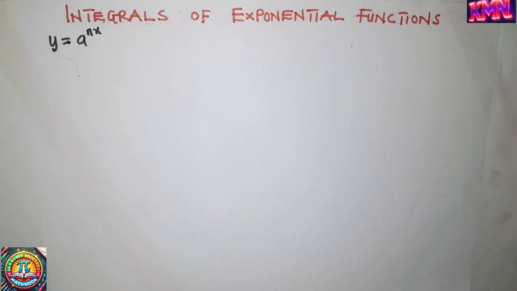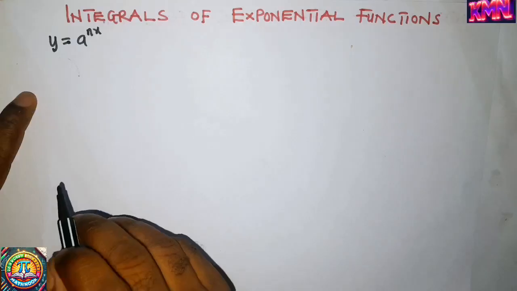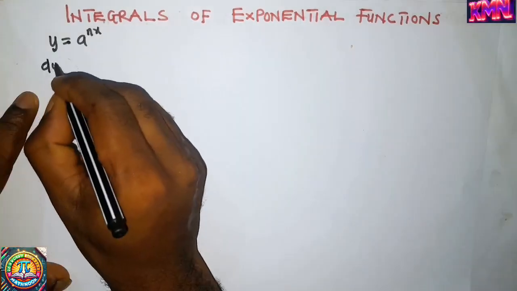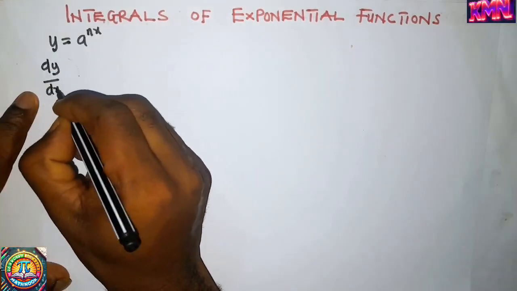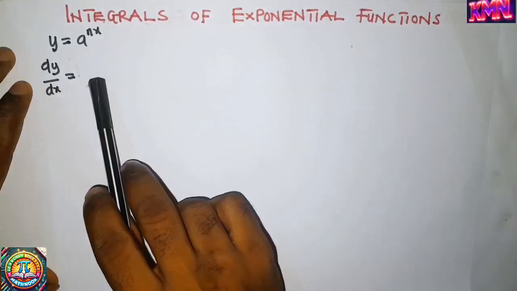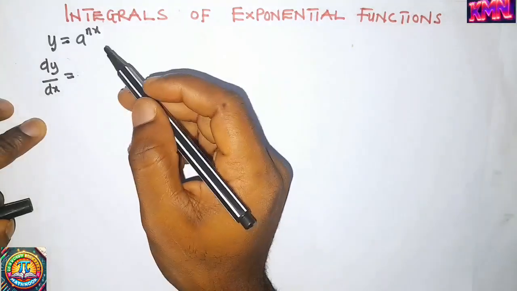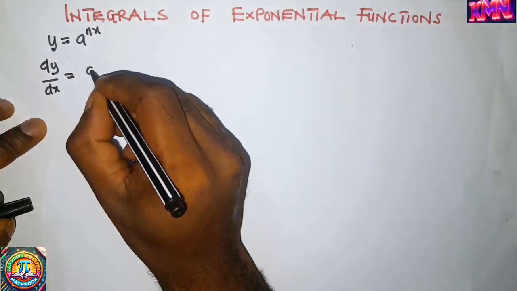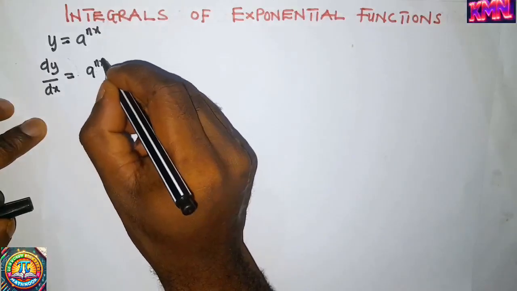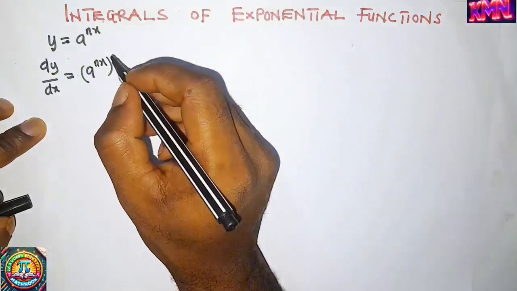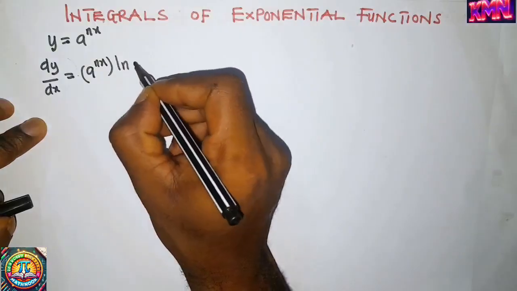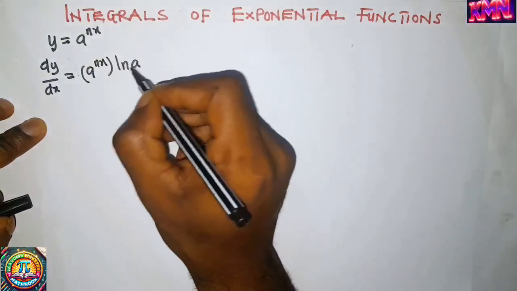So let's derive the integral of a^(nx). Let's differentiate this function with respect to x, of which we're going to get dy/dx equals, as you learned in differentiation, in differentiating an exponential function, first we maintain the function, then we multiply by ln of the base, the base a, so ln a.